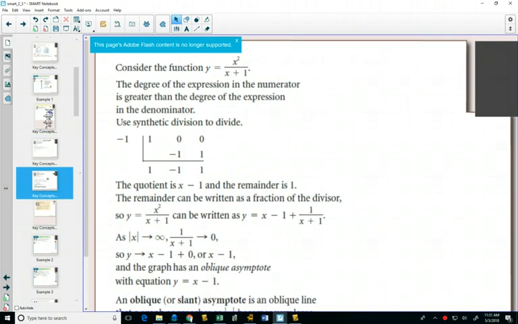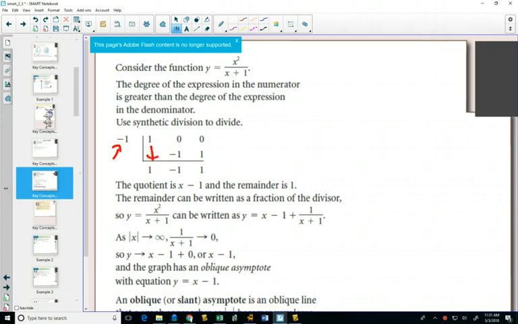And finally, how do we find an oblique asymptote? That's the one thing we haven't talked about at all yet. This is where you will have to use synthetic division. So it's going to be a little review of chapter 1. We take the equation x squared. In synthetic division, that's 1x squared, 0 x's, and 0 constants. We're dividing by x plus 1, so you put a minus 1 out in front.